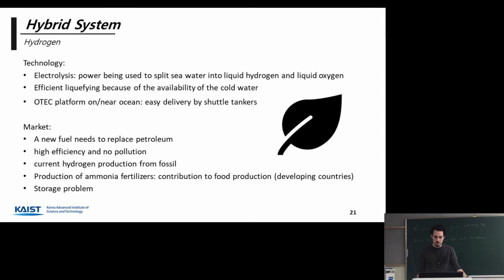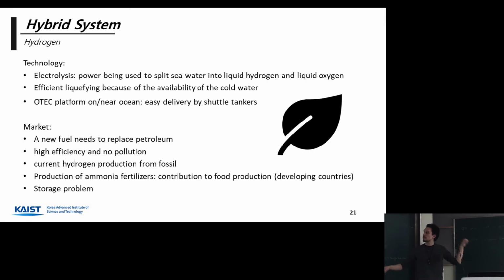The second one is hydrogen. The principle is really easy. It's to use the power or part of the power produced by OTEC to produce hydrogen, to separate water into hydrogen and oxygen using electrolysis.